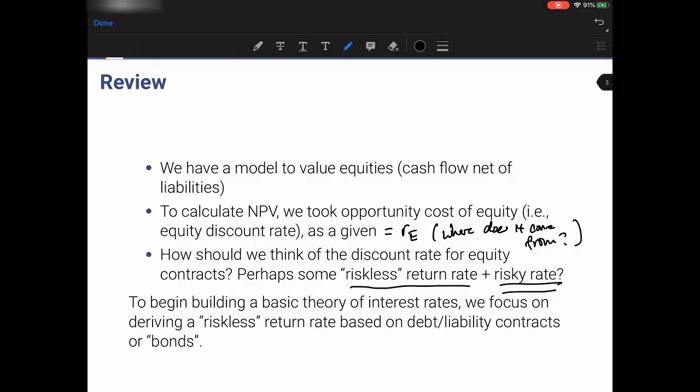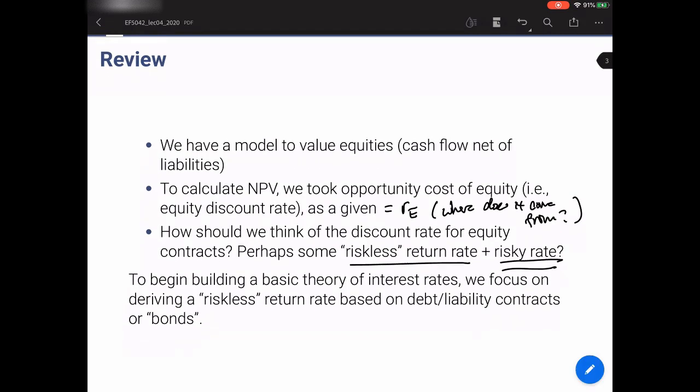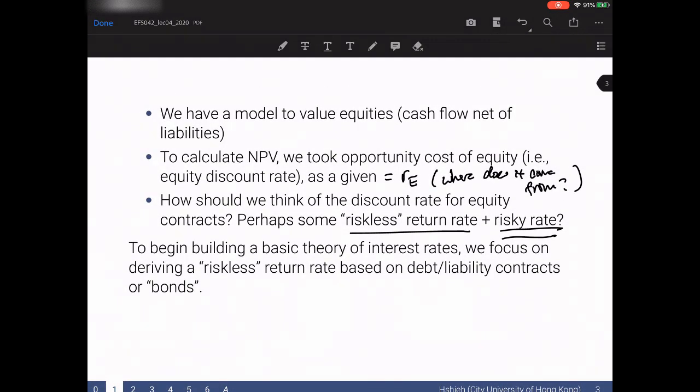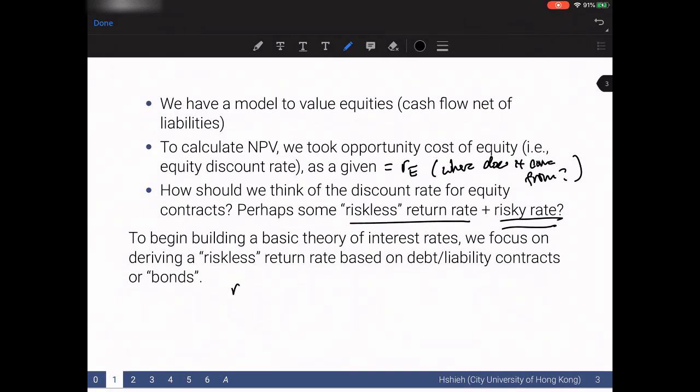Okay, so you should be thinking, perhaps RE can be decomposed into RF. I'm going to use lowercase f to designate the risk-free rate.